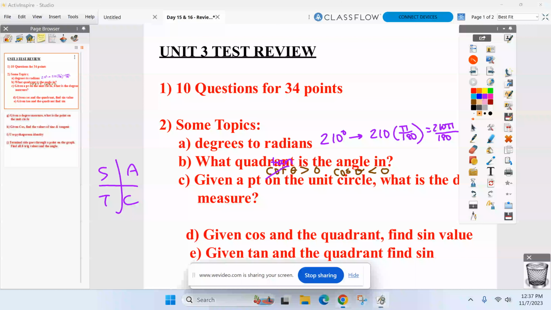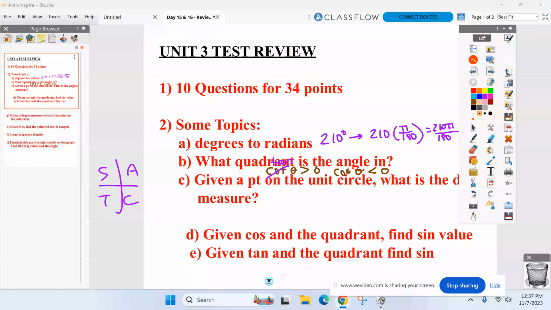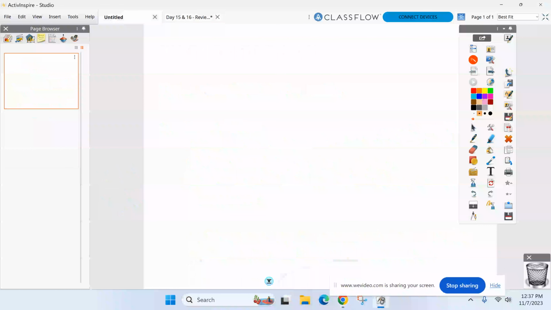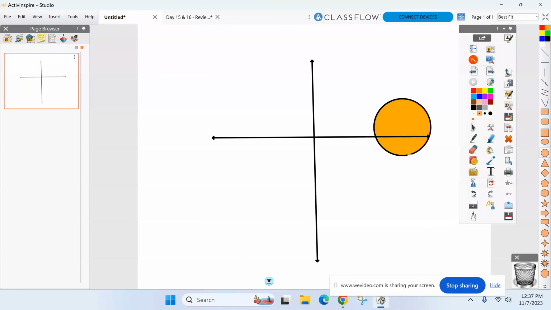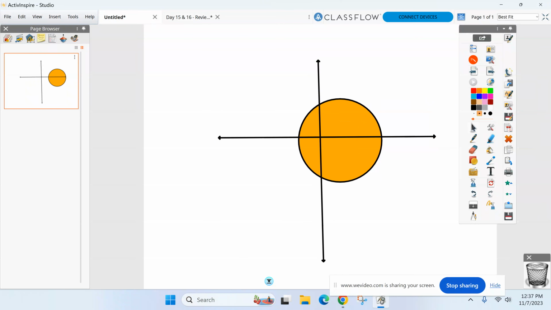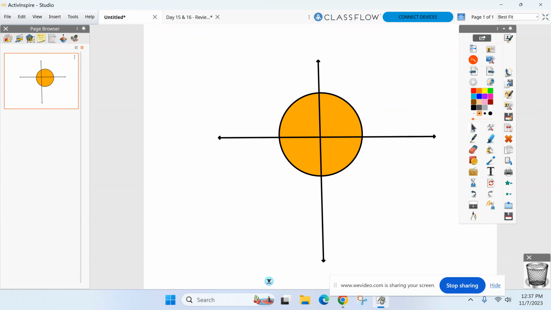All right, this one here, given a point on the unit circle, I've got to draw that one out. Here you go. So here's my unit circle. Let's say I give you that point is negative radical 3 over 2, comma negative 1/2.